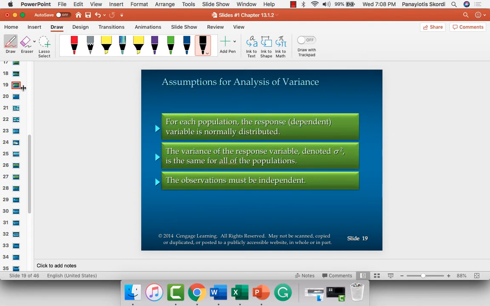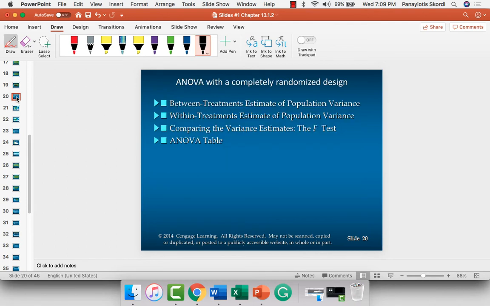The assumptions that Fisher came up with: each population must be normally distributed, the variance, sigma squared, is the same for all your population data, and the observations must be independent. These are the three factors that Fisher came up with when he was developing his theory.